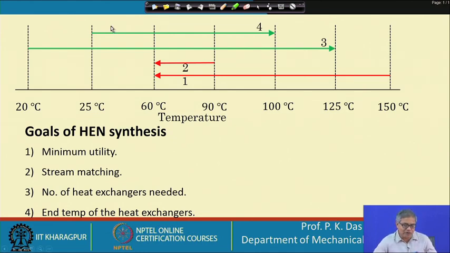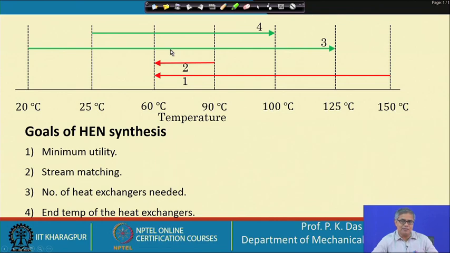For that composite hot stream, we find that it will not have the same heat capacity rate in the entire range. Here it will have some heat capacity rate. I have mixed both the streams, so here the heat capacity rate will increase because 2 streams are there. So, I can have some sort of a heat capacity rate at each and every range for the hot stream and for the cold stream.